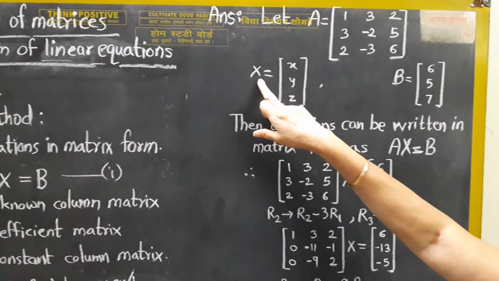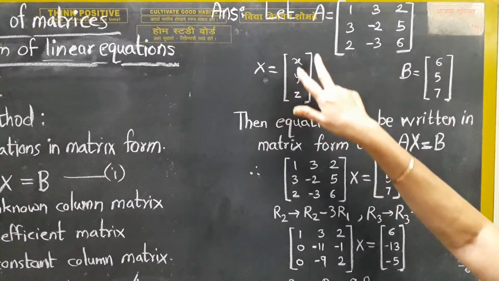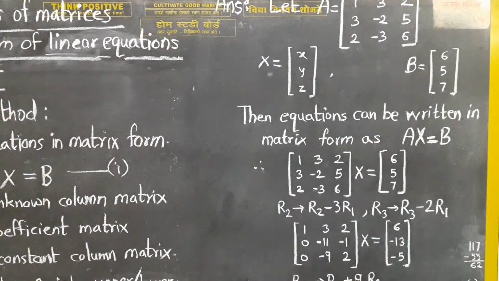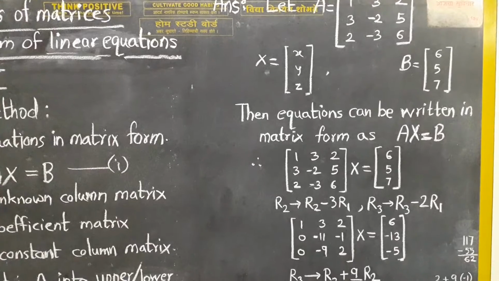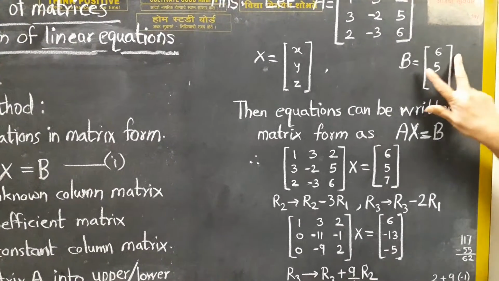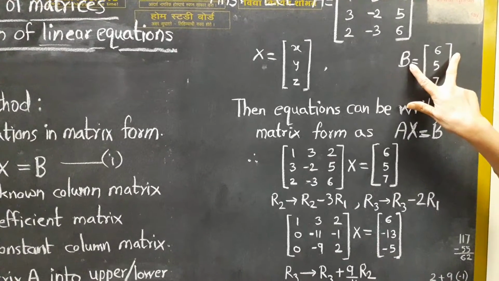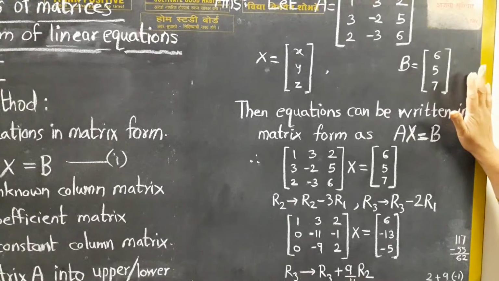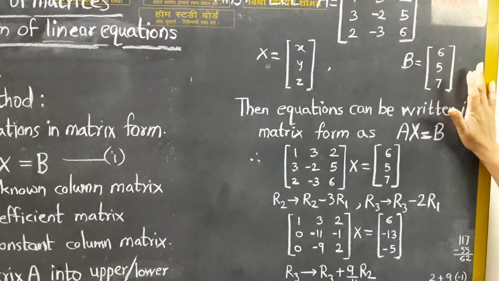X is the unknown column matrix, where three variables are there in the equations. Matrix B is the constant matrix, which we get from the right side of the equations.